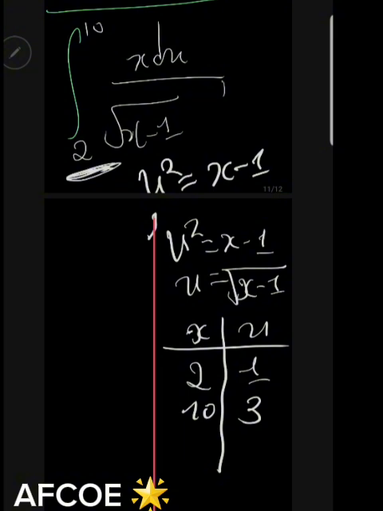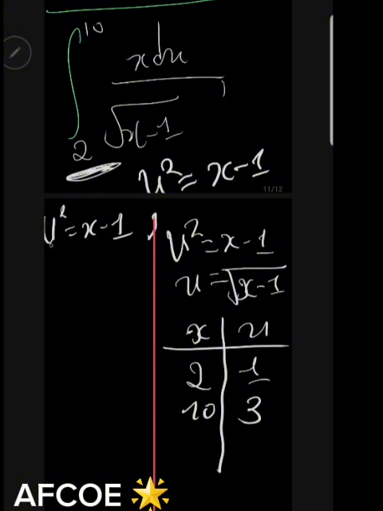Now, the next thing, you differentiate both sides so that you replace your dx. So we'll differentiate both sides. So the derivative of u squared equals x minus 1.